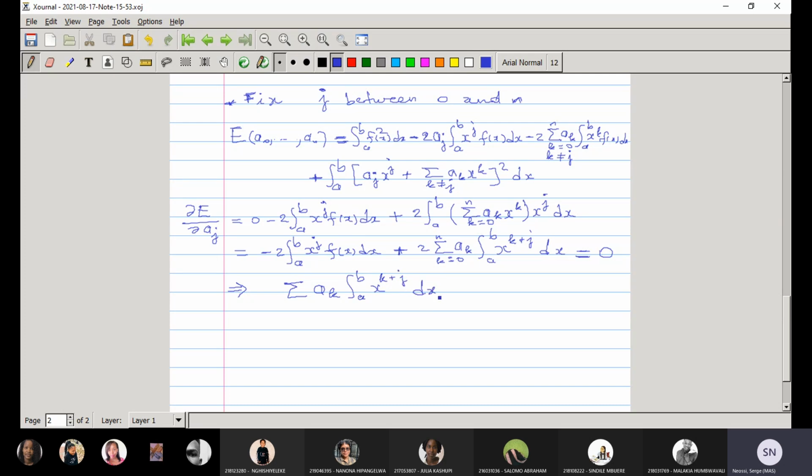I already explained, everything is easy. Equal to, so I take this to the other side, there is 2 here, 2 there, I divide, they cancel out. Then we have our integral from a to b, x to the j, f of x, dx. As I said already, you have 2 here, you have 2 there, you divide, so you cancel that out to get this expression.